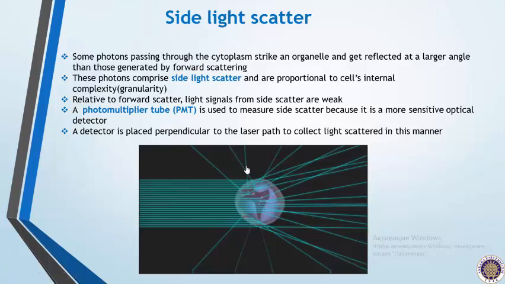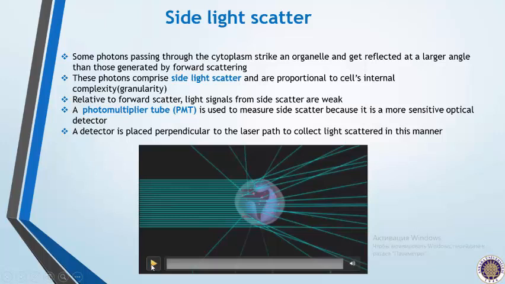Relative to forward scatter, light signals produced from side scatter are relatively weak. A photomultiplier tube is used to measure side scatter because it's a more sensitive optical detector. In order to detect them, the optical detector is placed perpendicular to the laser path to collect light scatter in this manner.